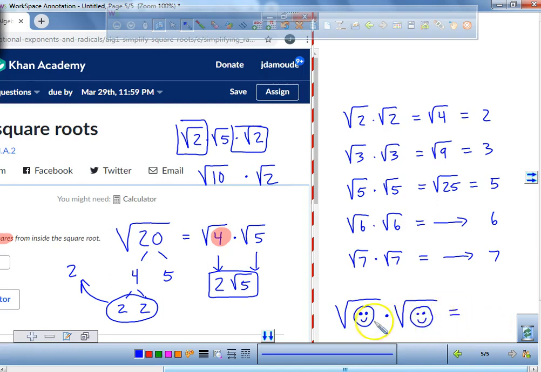What do you guys think the square root of smiley face times the square root of smiley face is eventually going to equal? No, the square root of round face times the square root of round face is a round face. Okay? So watch this. Here we go. Ready? The square root of a times the square root of a will eventually just equal a.